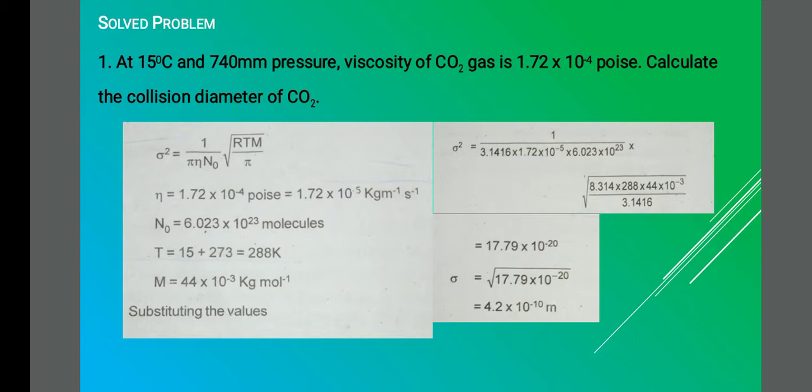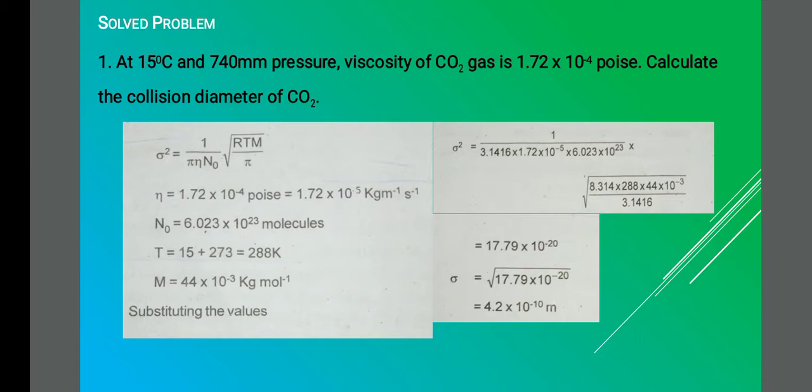Is it okay? I'll repeat the problem once again. Temperature is given, pressure is given, the coefficient of viscosity is given, and the collision diameter is being asked. So if these things are given and collision diameter is asked, we can use Chapman's equation: sigma square is equal to 1 by pi eta n0 into square root of RTM divided by pi.